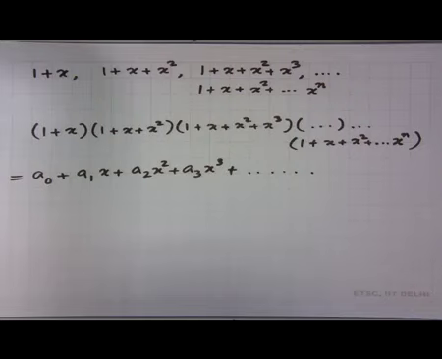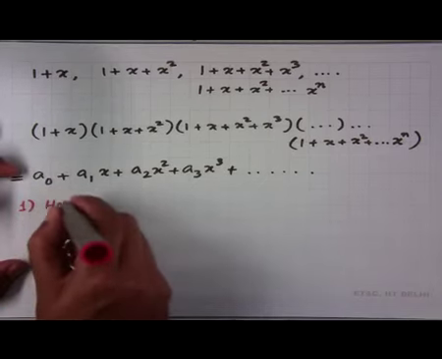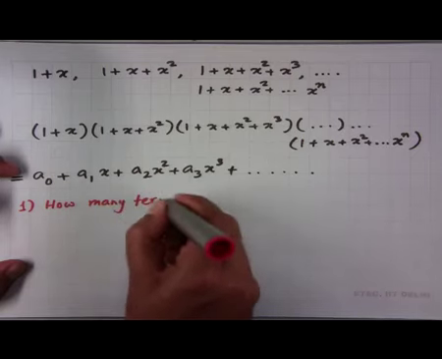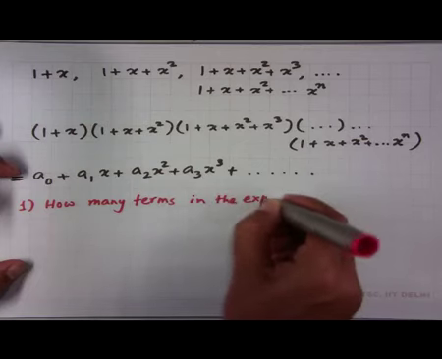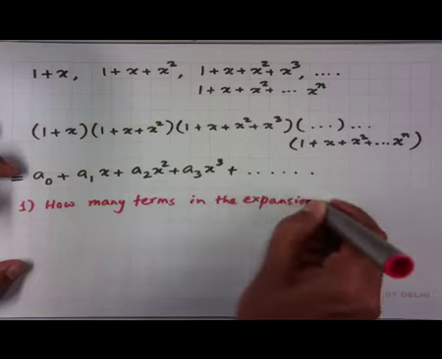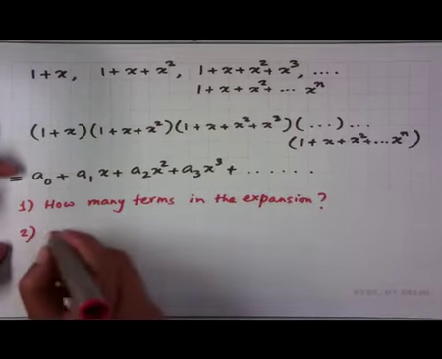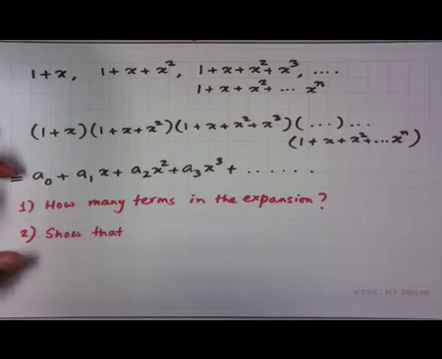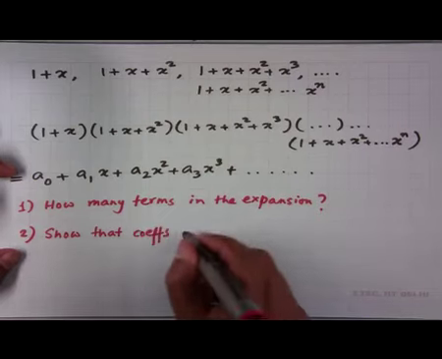Now, you have got many questions. Question 1 is how many terms are there in this expansion? Question 2 is show that coefficients equidistant are equal.